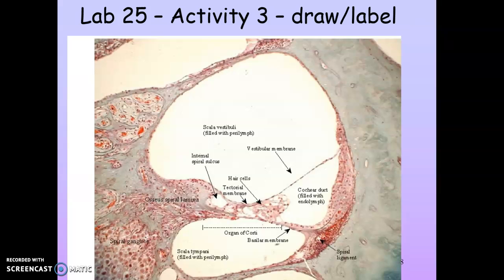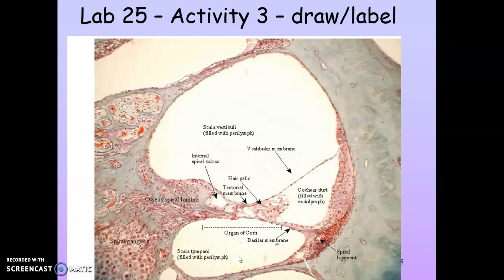Now, one way that this area is better looked at is to look for this vestibular membrane. That membrane really separates the scala vestibuli from the cochlear duct. Now, here's the thing to remember. We're not hearing in here or in here, in either scala.